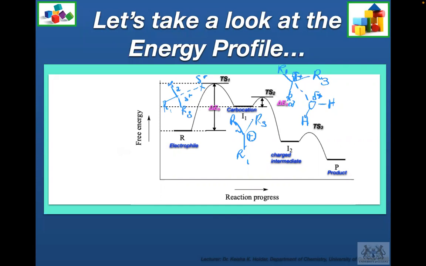And then transition state number 3 is one where we are deprotonating. So we have R1, R3, R2, H, where this bond is being broken.